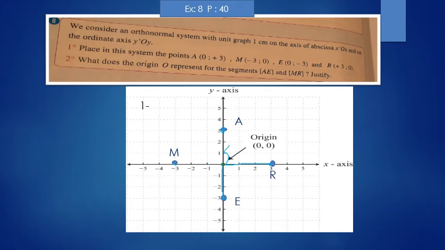Okay, here 1, 2, 3. The distance from O to E is also 3 centimeters. So O is the midpoint of AE. Again, the distance from O to M is the same as the distance from O to R, which is 3 centimeters. So also O is the midpoint of MR. Okay?